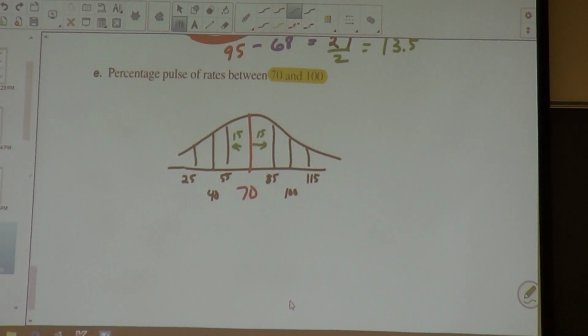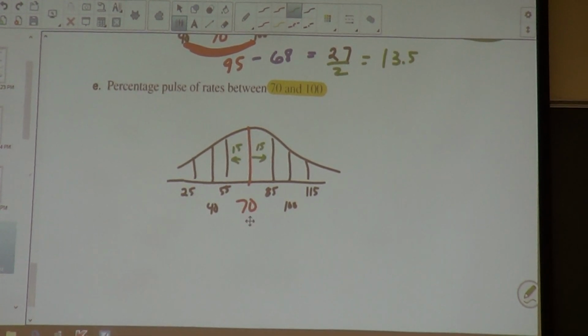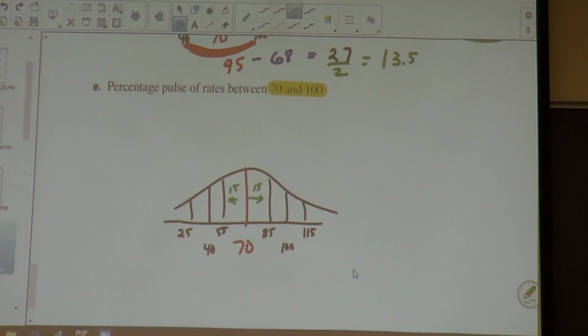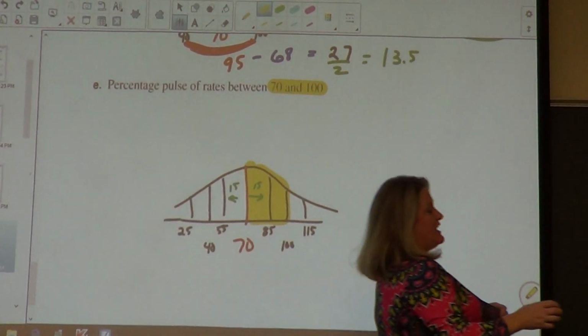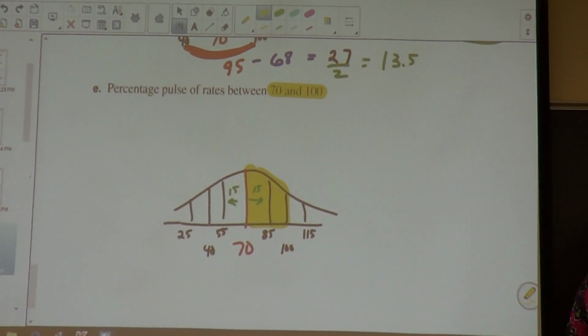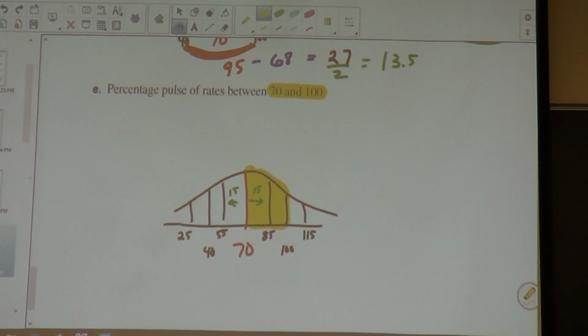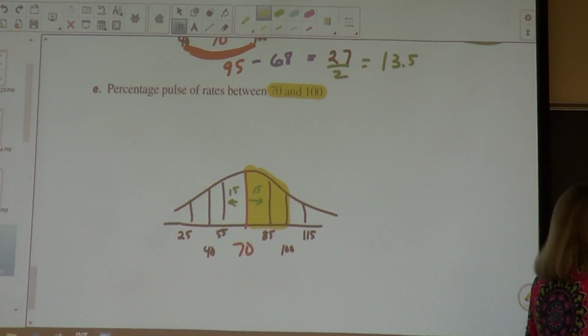Let's look at another one. How many questions about this one? That's my bad. All right. We'll look at it, see how many are on the exam. And I'm going to show you an easier way to do it in your calculator too. 70 and 100. So, when you look at this one, you have to ask yourself, if it involves one deviation, it's a 68 problem, two deviations is a 95 problem, or three deviations is a 99.7 problem.